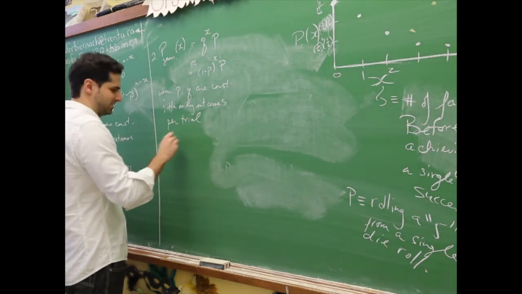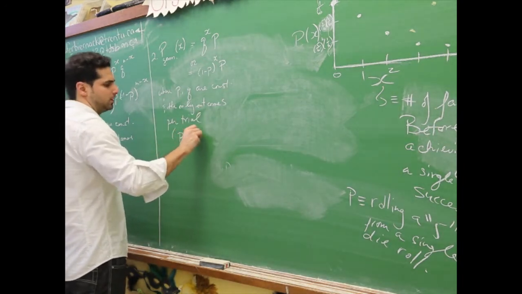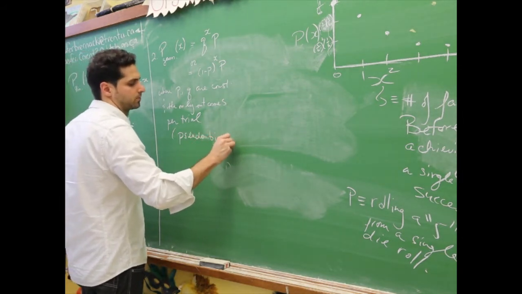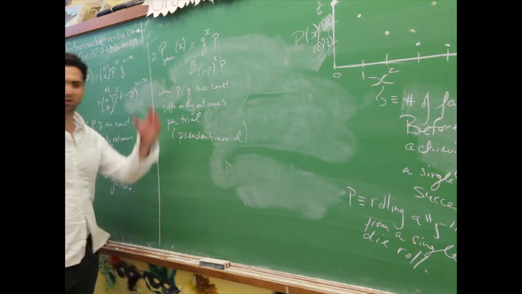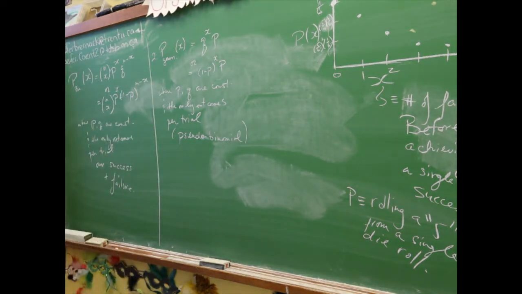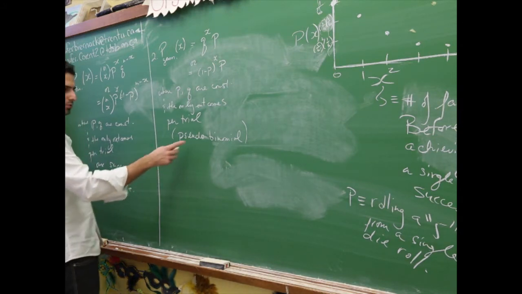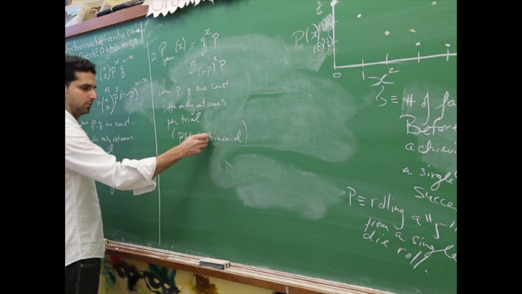So in a sense, this is what I would call pseudo binomial. There's a binomial aspect to this because you only win or lose. There's a duality there. There's no bronze medal or silver medal. But, so pseudo, it's sort of like binomial.